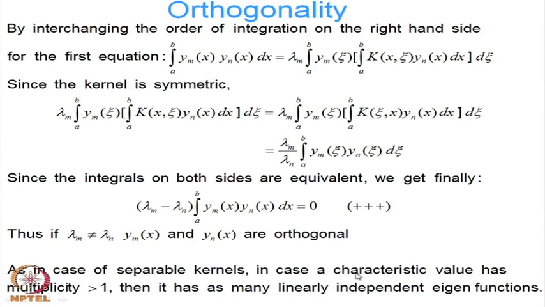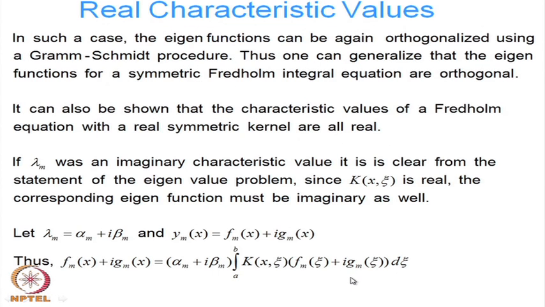Is that clear? In the case of separable kernels, if a characteristic value has multiplicity greater than 1, then it has as many linearly independent eigenfunctions, and in such a case I can again orthogonalize using a Gram-Schmidt procedure.